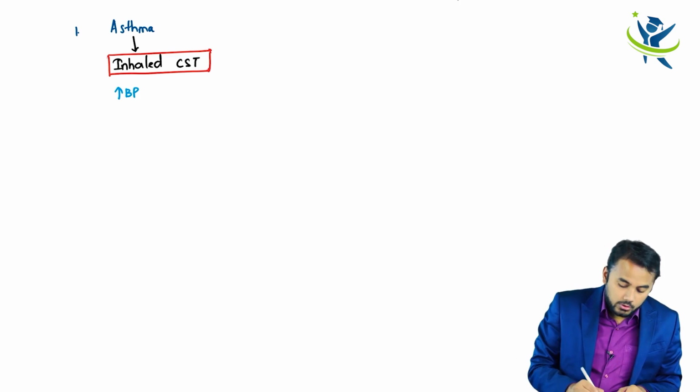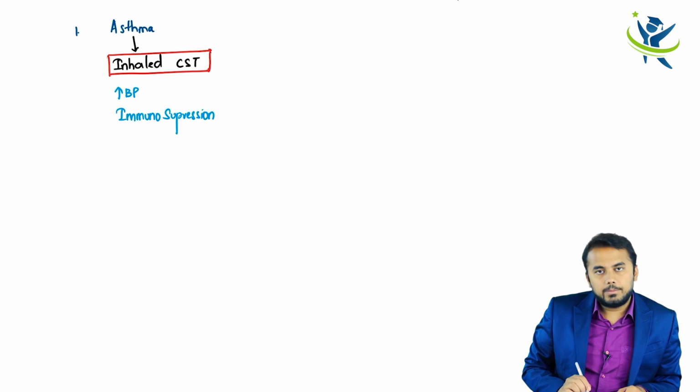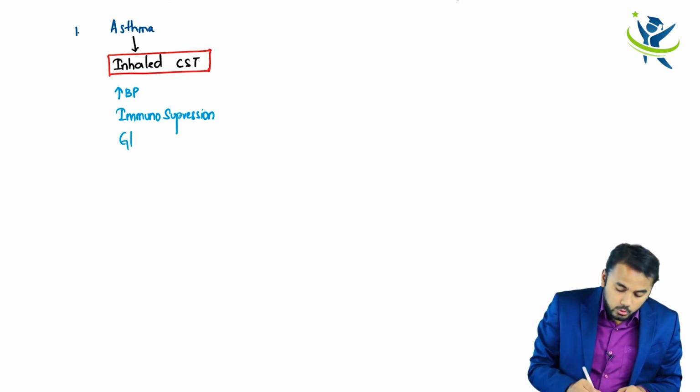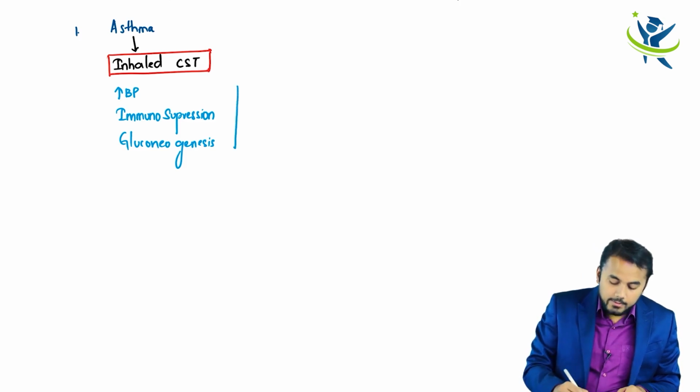Next, corticosteroids cause immunosuppression. They increase your blood pressure, cause immunosuppression, right? They induce gluconeogenesis. Not only that, they decrease the fibroblast activity.